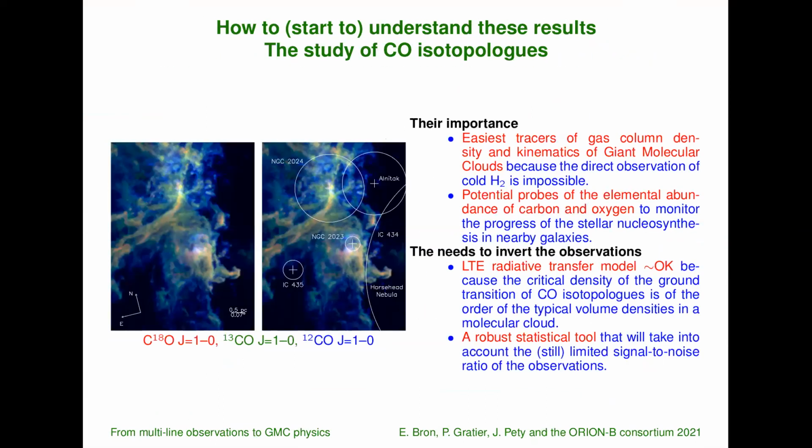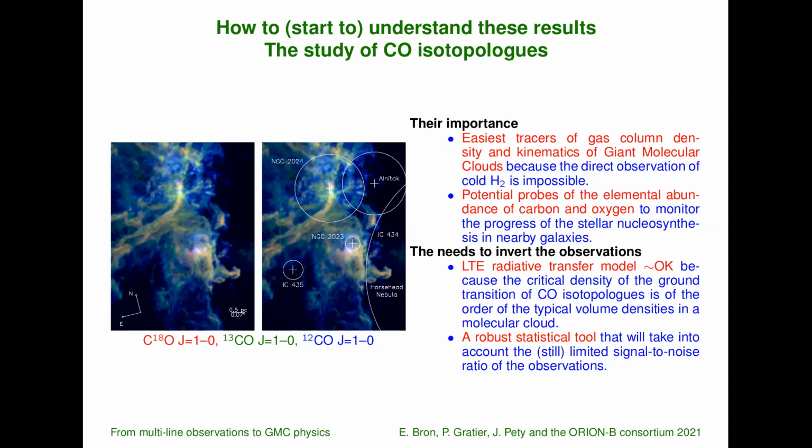Okay. So once we've seen that it's possible to get an estimate of the column density from molecular lines, the question is why. Pierre has shown that the CO isotopologues play a great role in this determination of the column density.